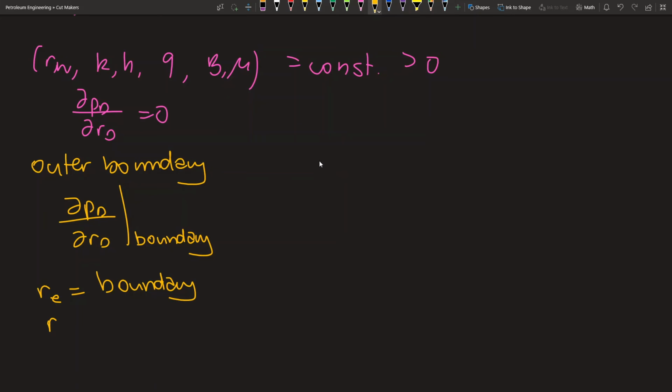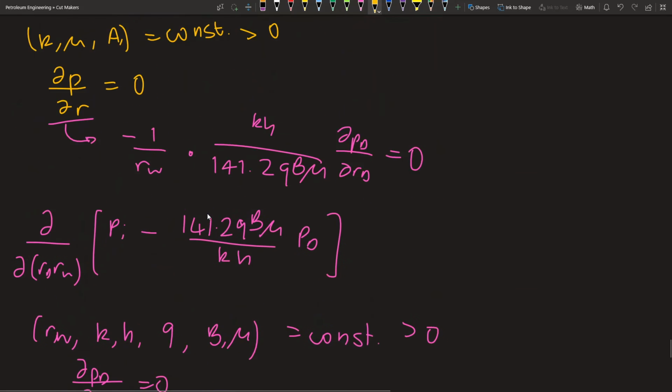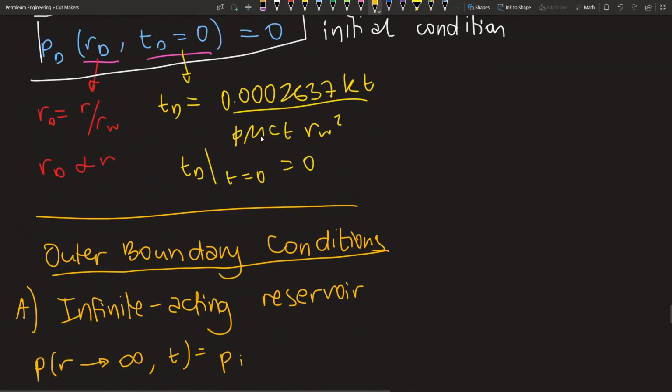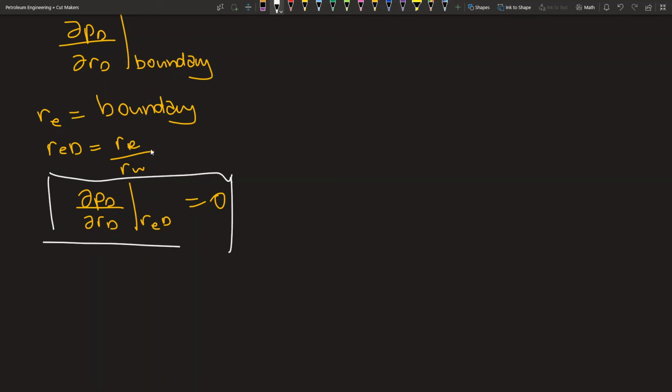We can also define r sub eD is equal to r sub e over r sub w. And finally, we can rewrite the condition as dP sub d over dr sub d at r sub eD is equal to 0. Okay, so what color did I use for the previous one? I used white, yeah, so I'll use white here as well. So this is the outer boundary condition when we have a no flow boundary.